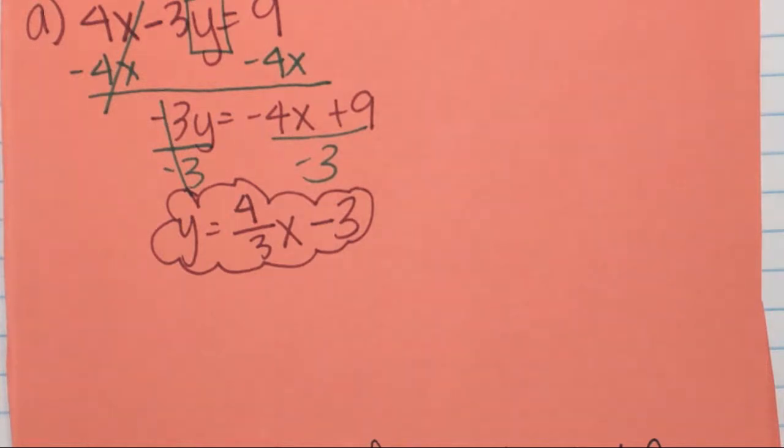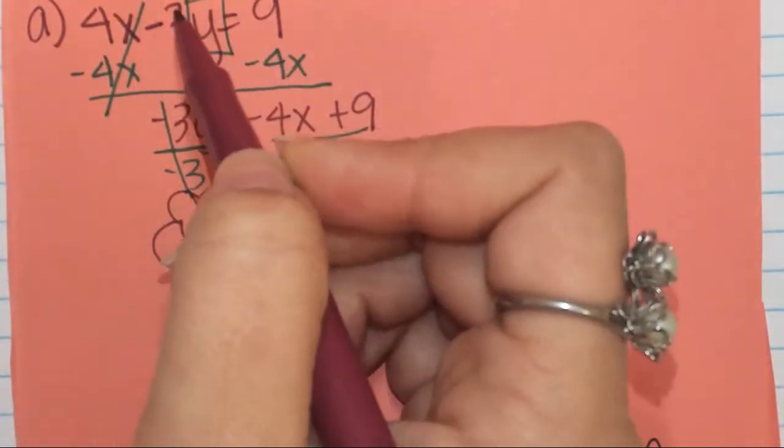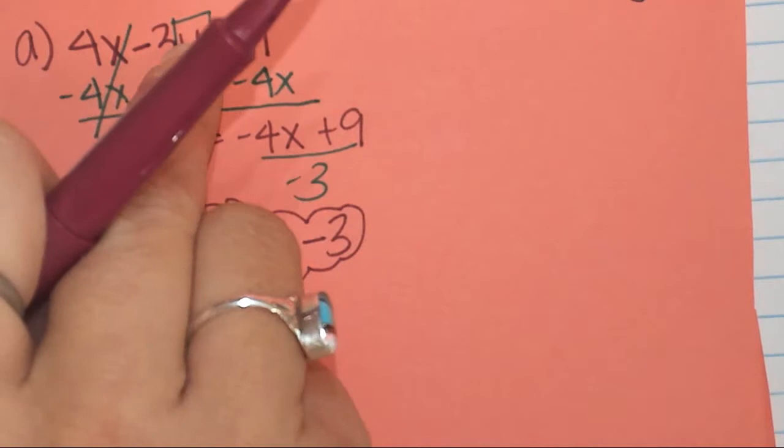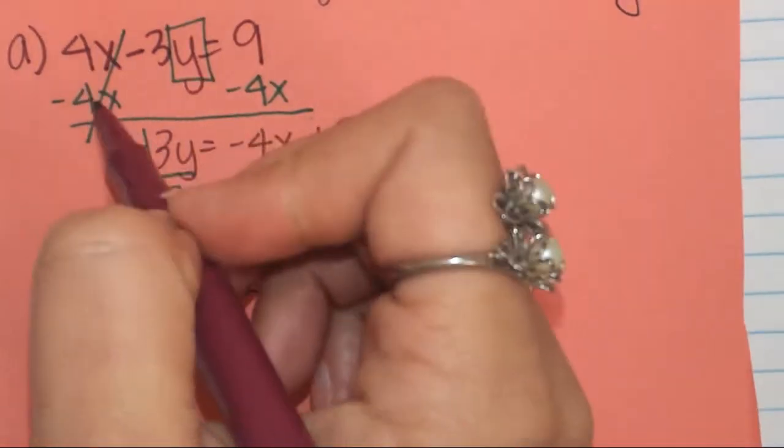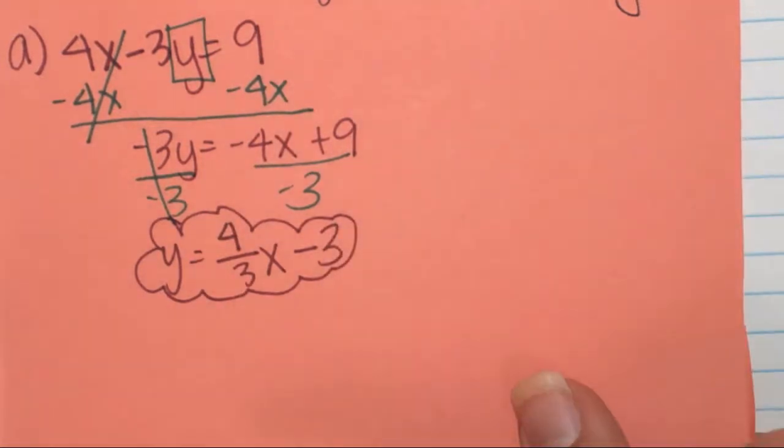You have to do reverse order of operations. If you divide by negative 3, you would have to divide everything by negative 3, but most people only divide the y term by negative 3 and not the 4x. So I don't want you to do that. I want you to subtract first, then divide.